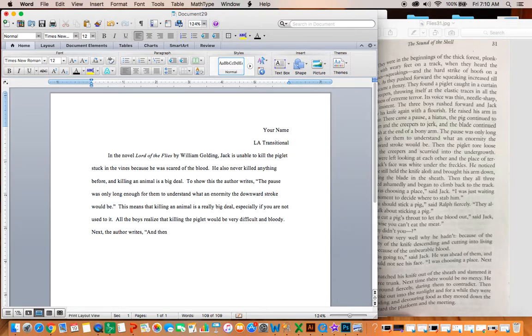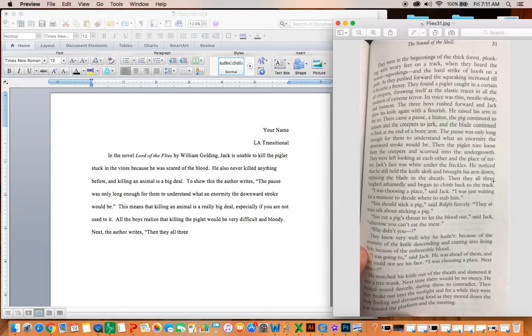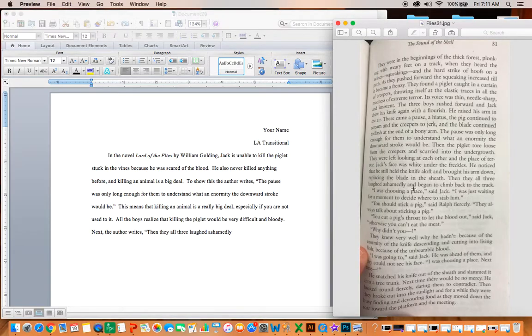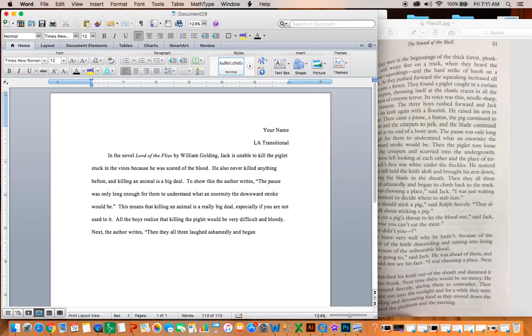And then they all three, again, I'm just taking this line right here, laughed ashamedly and began to climb back to the track. Okay, now we've got to explain that.